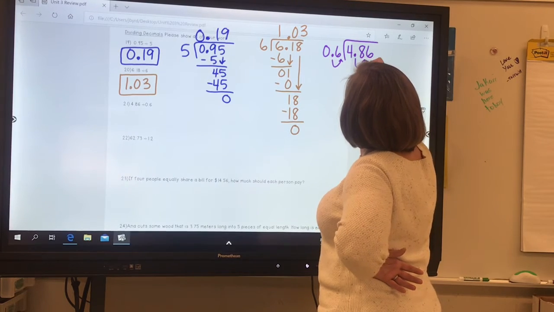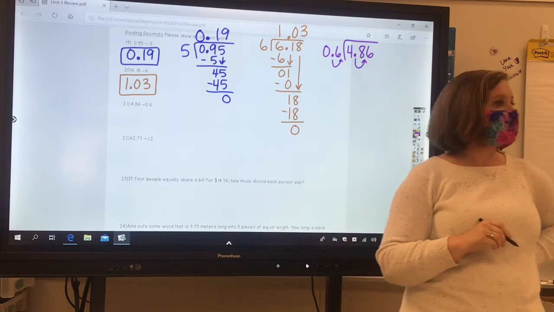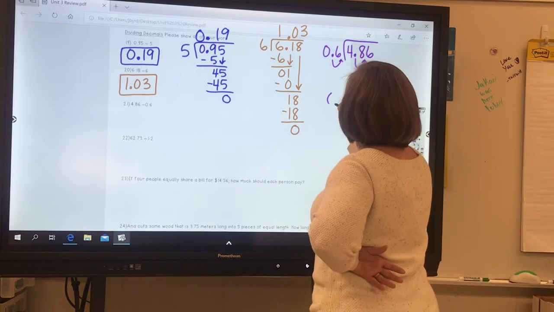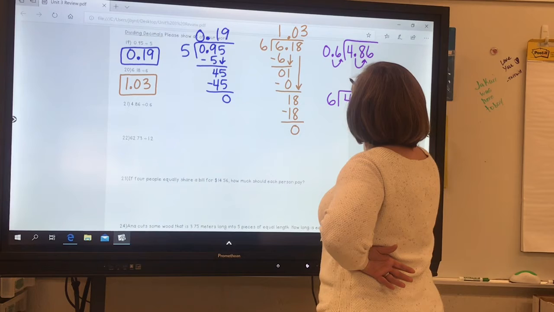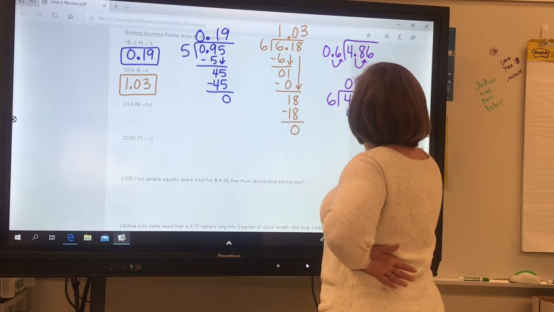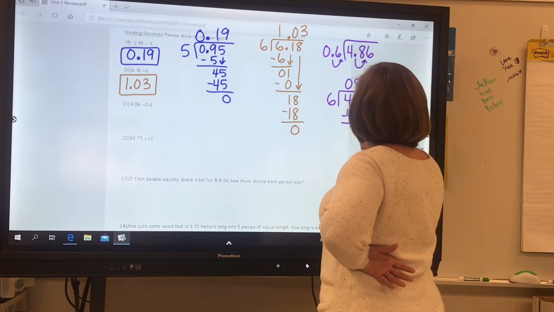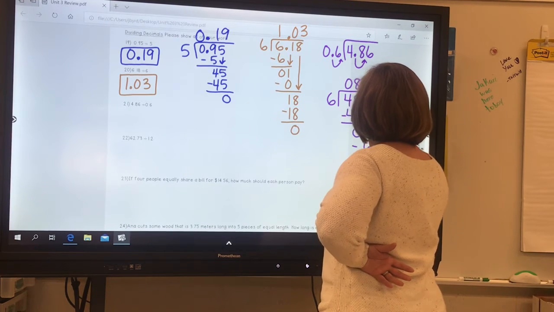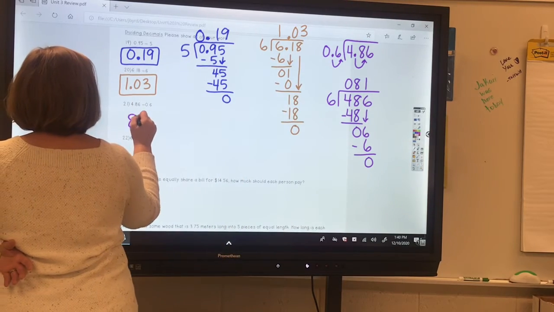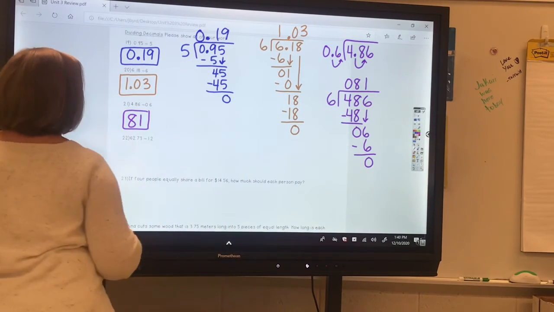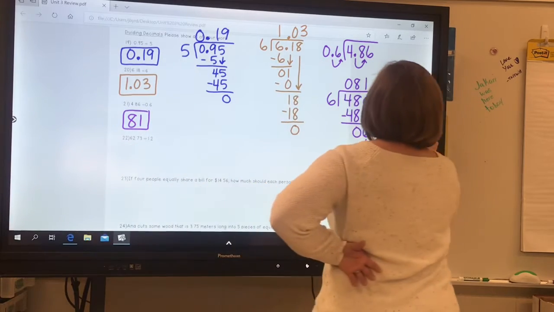What do we have to do to number 21? Move the decimal. So for 21, you should get 81.